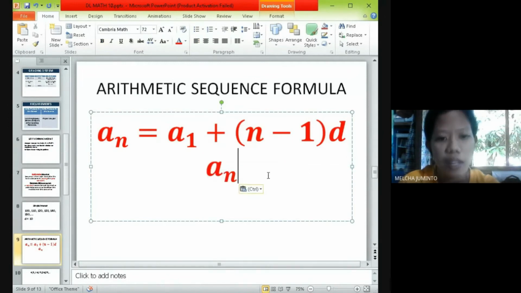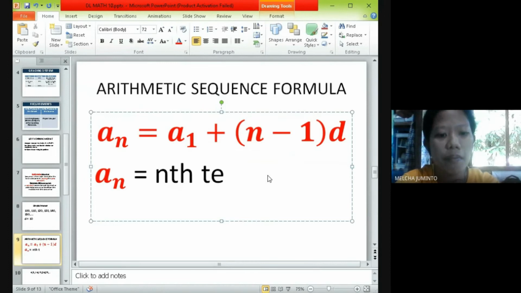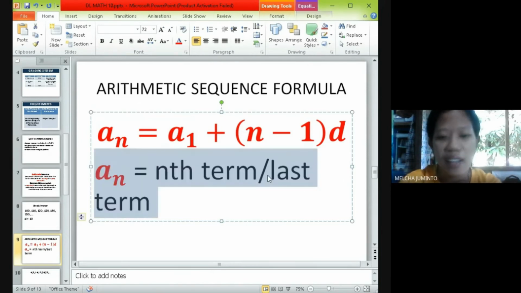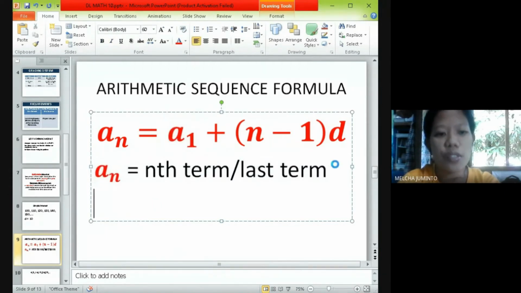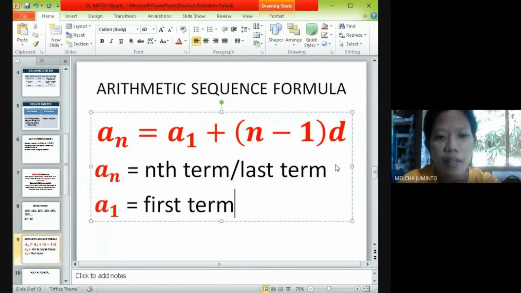So I write: a of n is the nth term or the last term. And then next we have a of 1. When you say a of 1, that is the first term. And then we have n.